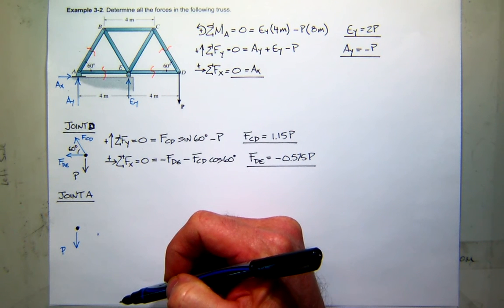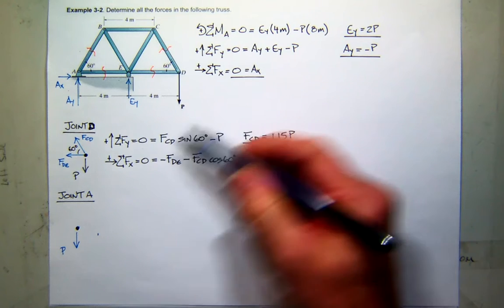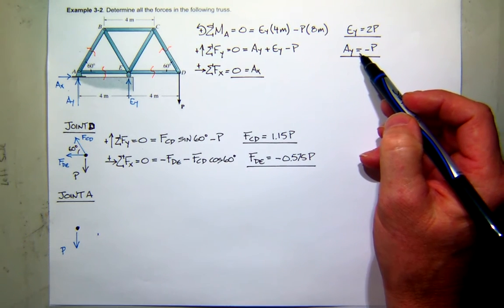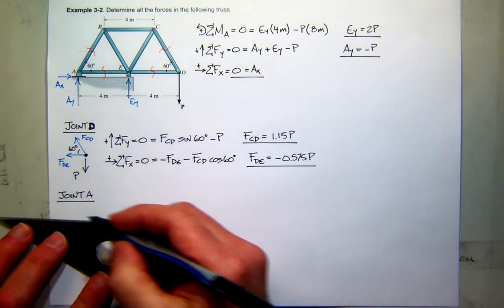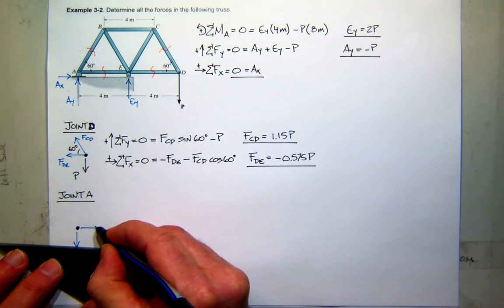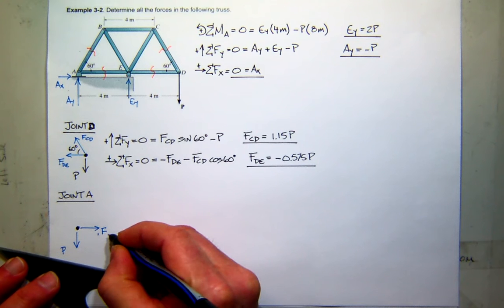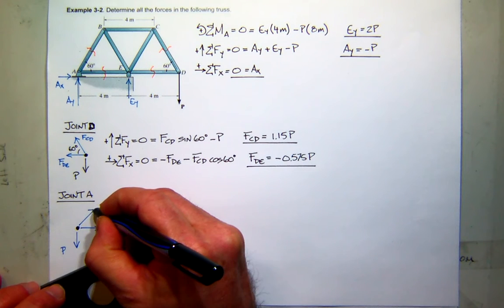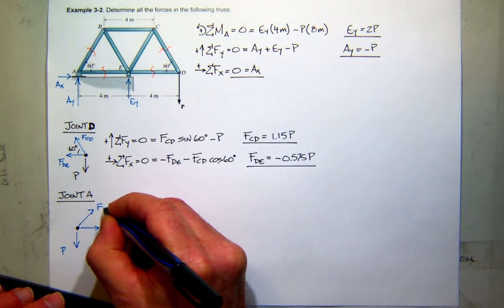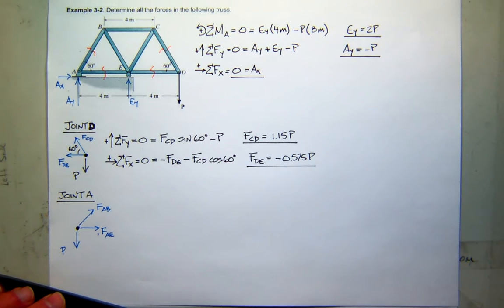Is that not A1? Yeah, A_Y is minus P. Okay. So I drew it as minus P. You see that? So now I'll assume tension in force, that's AE, and tension in force AB.